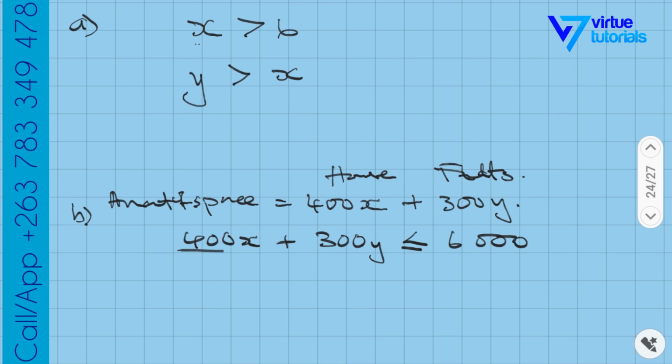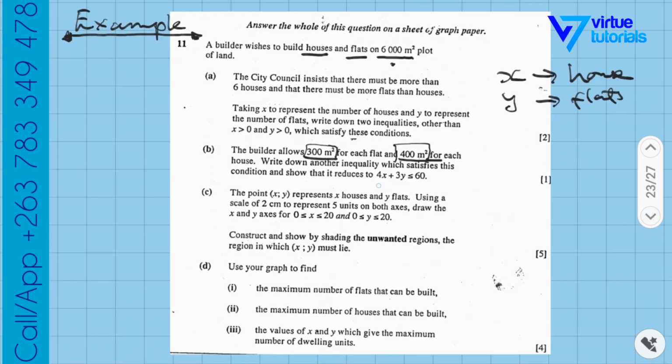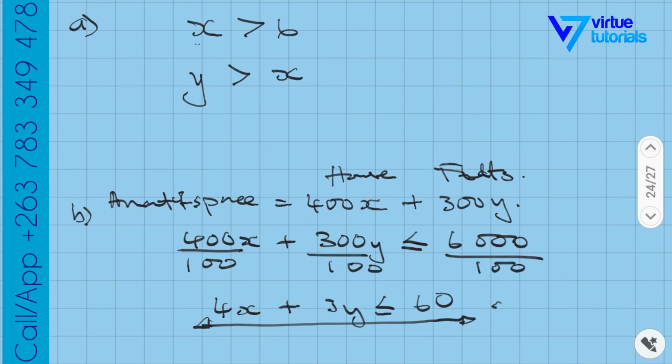I can reduce this by dividing by 100 throughout, since 100 is the highest common factor, which gives 4x plus 3y is less than or equal to 60. They asked us to show that it reduces to this, and we've shown it.